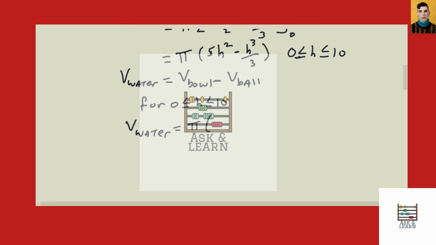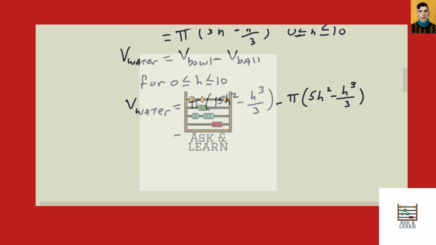So that's pi times 15h squared minus h cubed over 3, minus pi times 5h squared minus h cubed over 3.